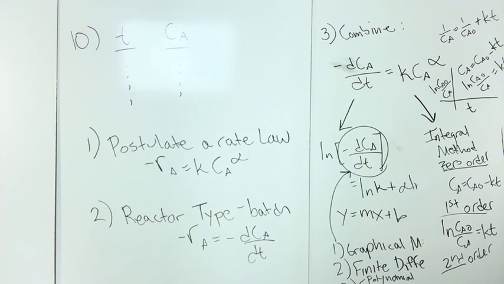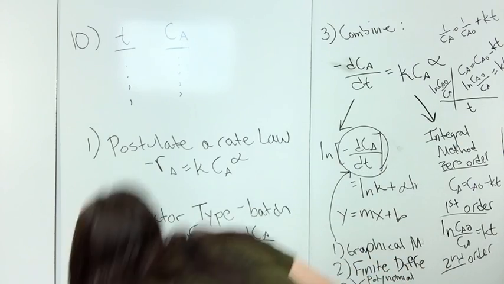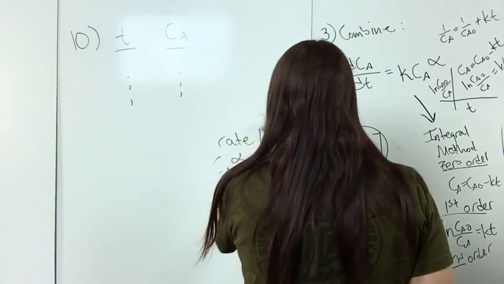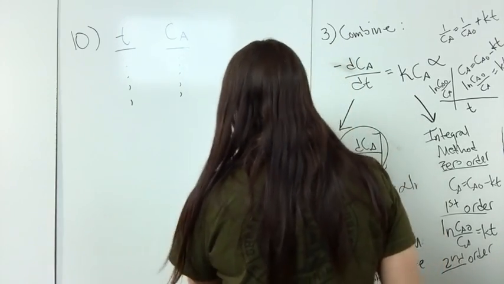I'm not going to go through the exact solution for this because it's in the solution he gave you. For problem number 10, he used the integral method and he guessed second order, which it turns out actually is second order.